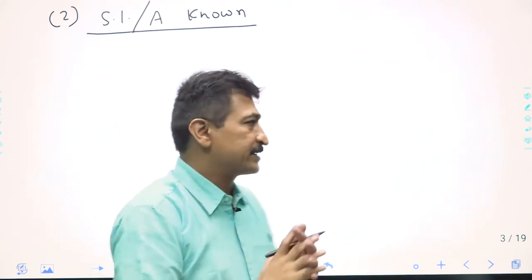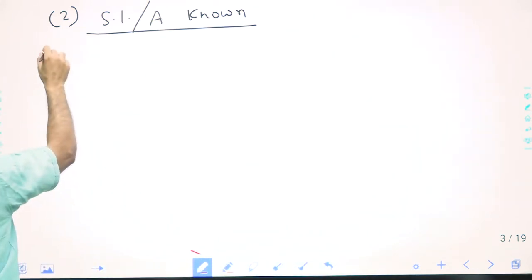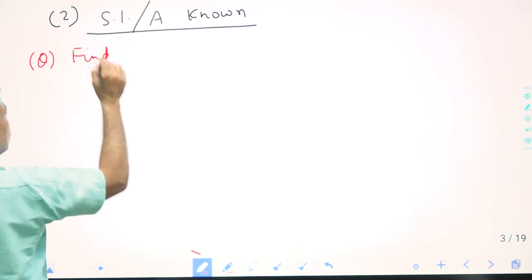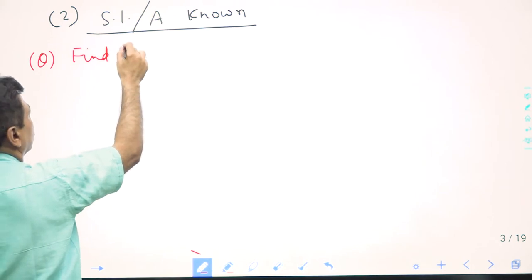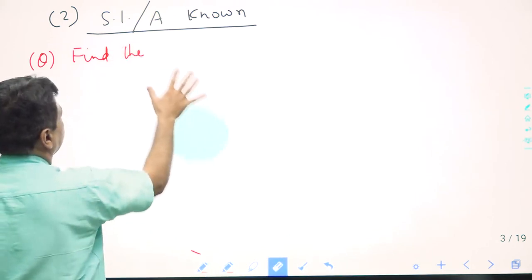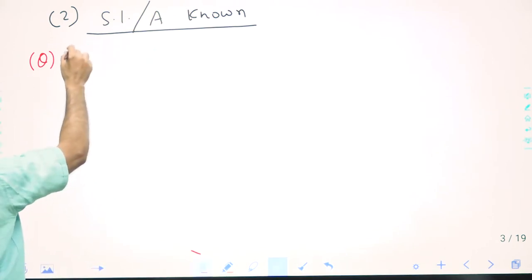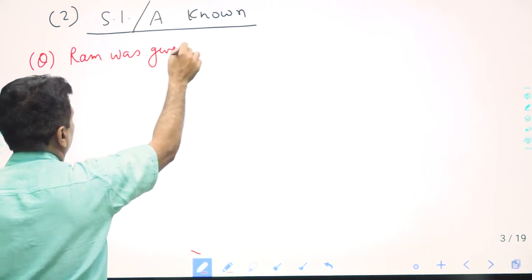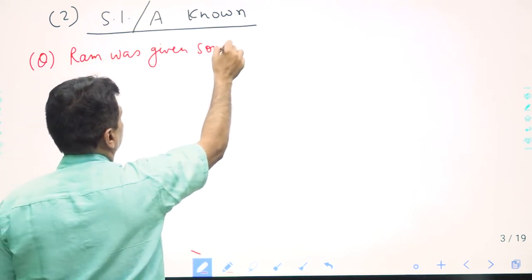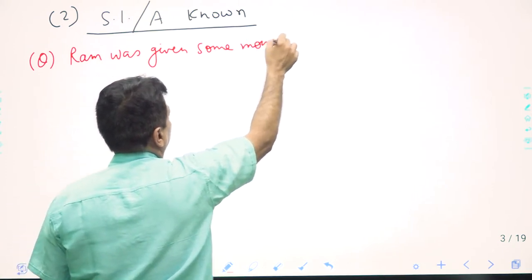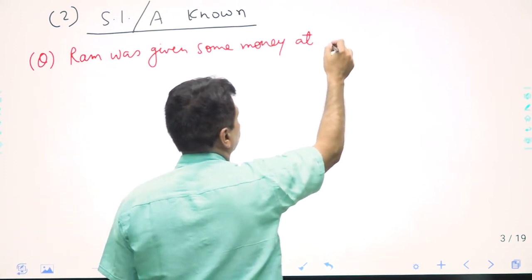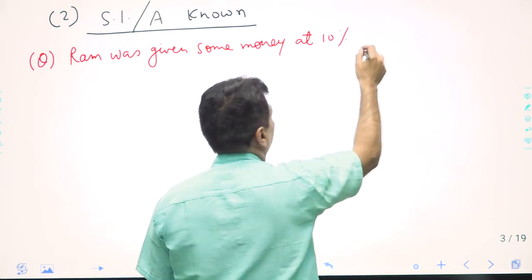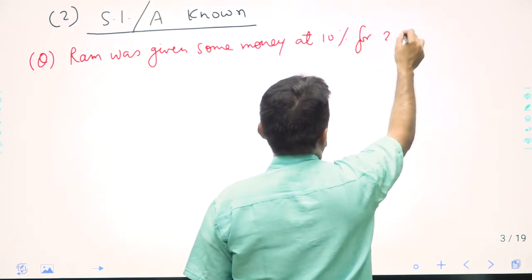Suppose I say a question: Ram was given some money at 10% for 2 years.